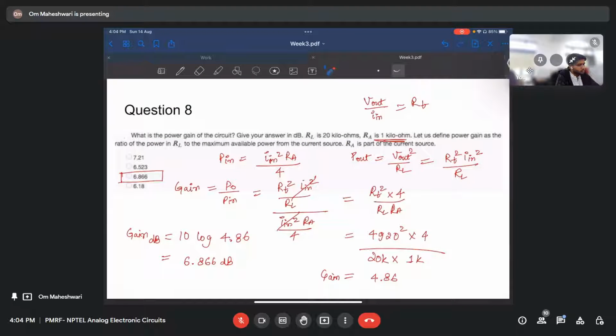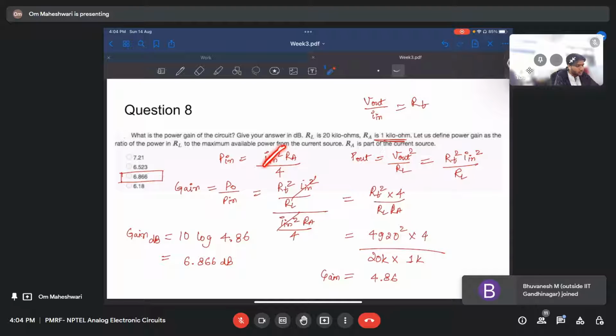Here, can we take this P in in terms of voltage also? Since we have this relation with V out and I in, we prefer it this way, right?